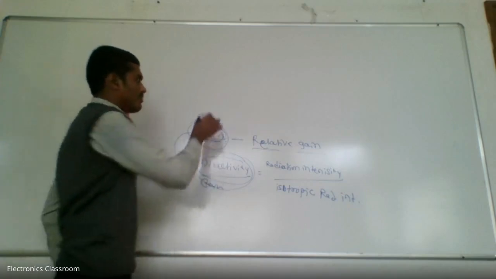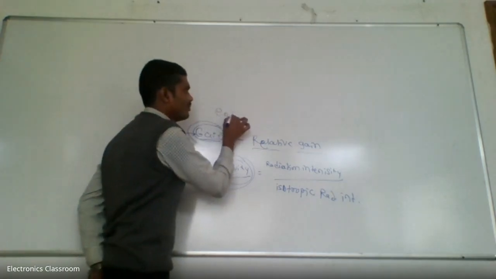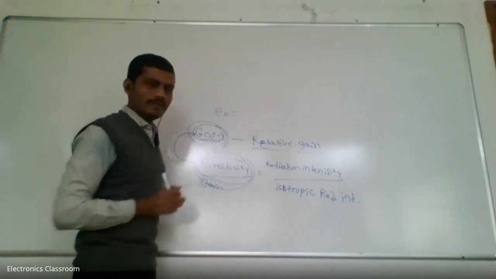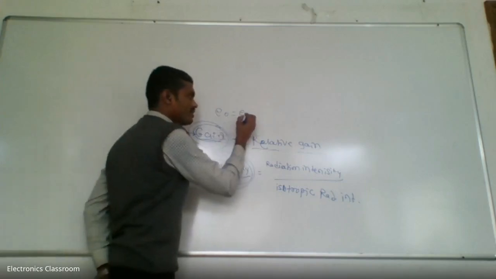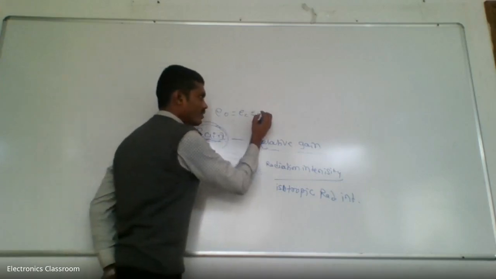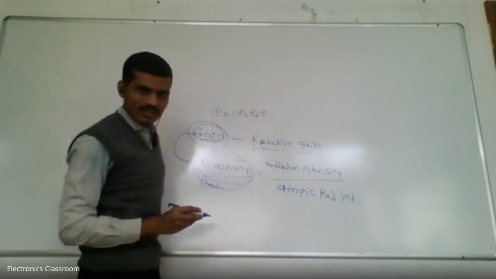Now the efficiency of the antenna is equal to E0 into EC into ED into ER. What is the R?